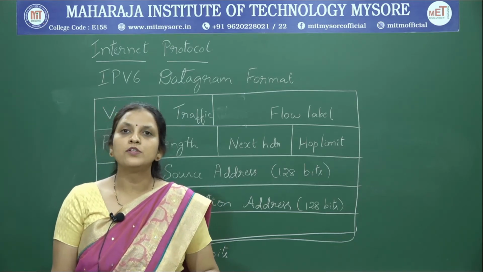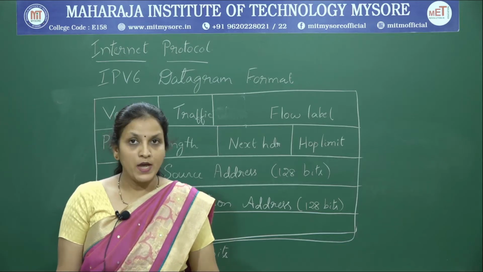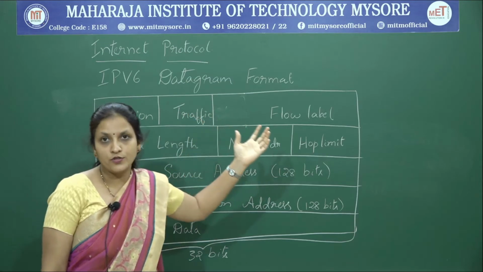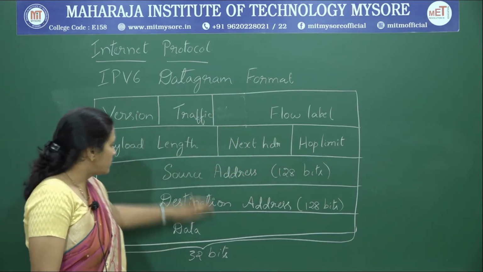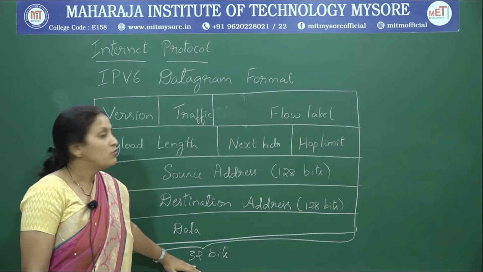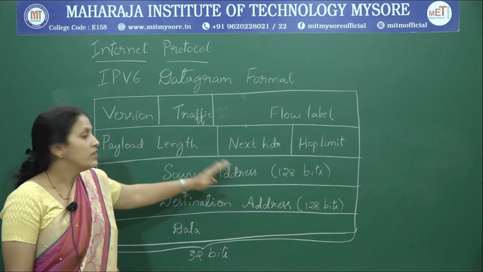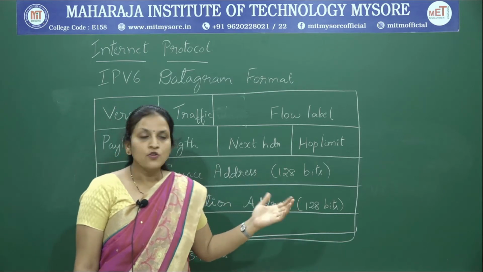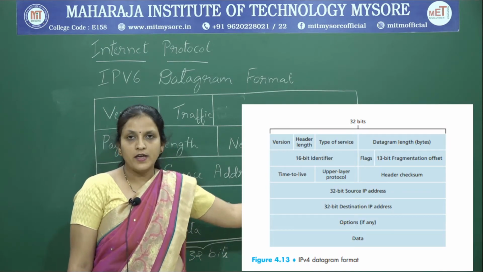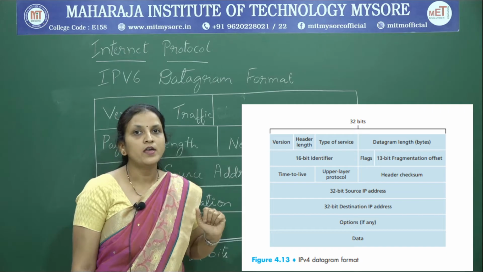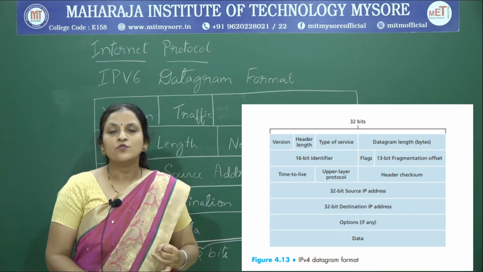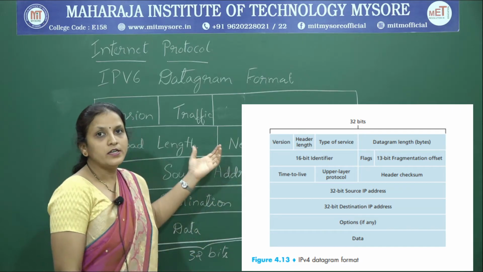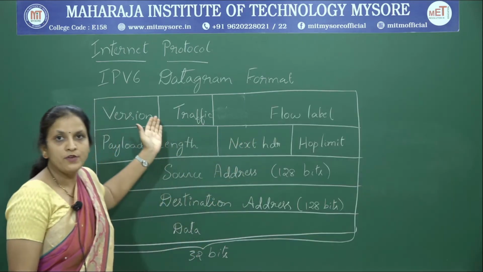In order to support the growing demand for IP addresses, IPv6 has been introduced. This is the datagram format of IPv6. Similarly, we have a datagram format for IPv4, which you can see in the diagram, containing various fields which have been removed in order to optimize the datagram format in IPv6.